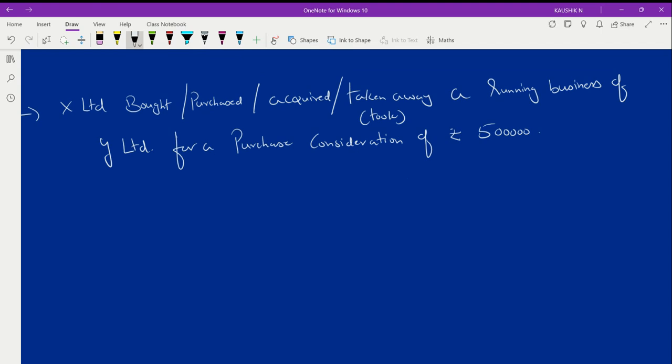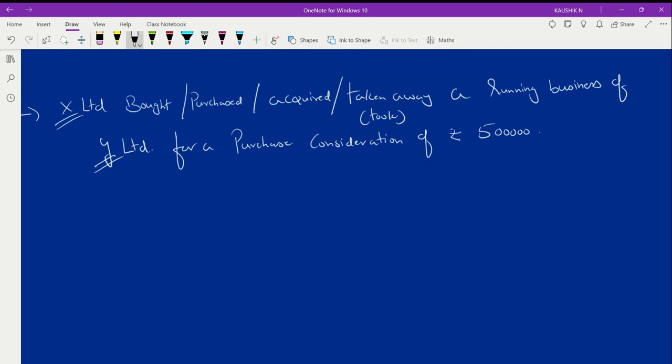When you take away someone's business, here the company who's taking away is X Limited, and whose business they're taking up is Y Limited. Every business will have assets and liabilities, correct? So when you take away someone's business, obviously you will also take away their assets and their liabilities. Am I right? For which you have to pay the money.